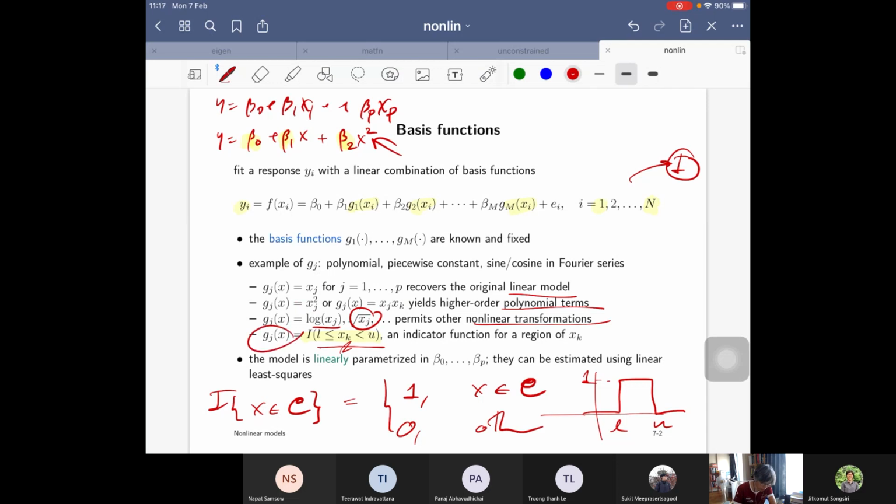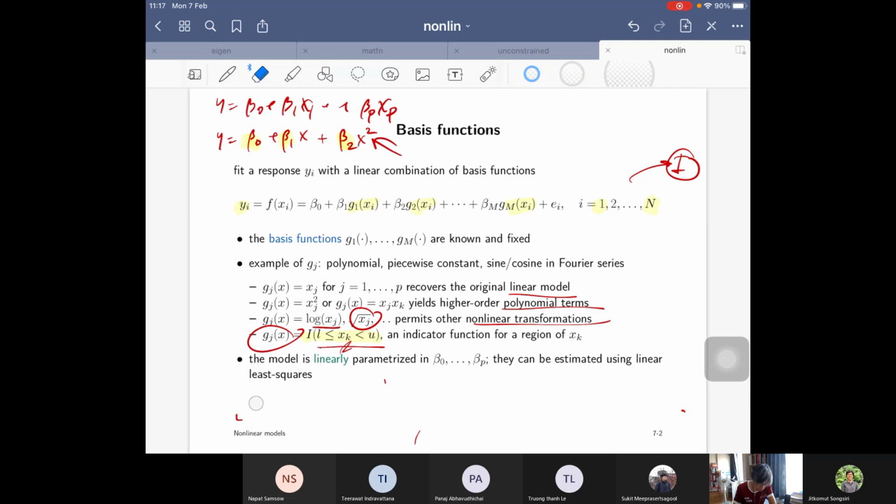With this example of g_j, it would mean that you partition the range of the predictors. Suppose your predictors are between -1 and 10, and you would like to use each basis function defined on different intervals of x.